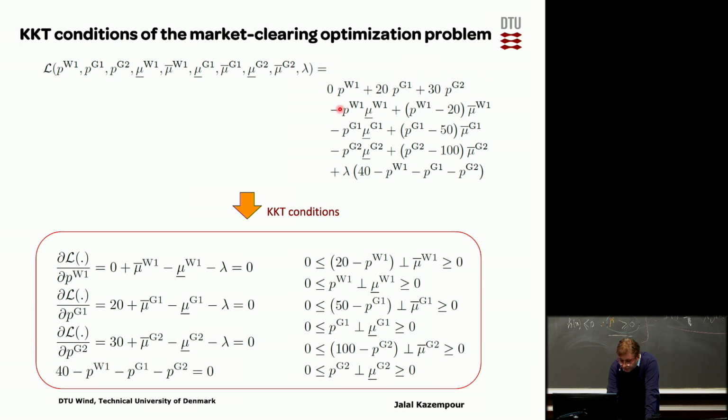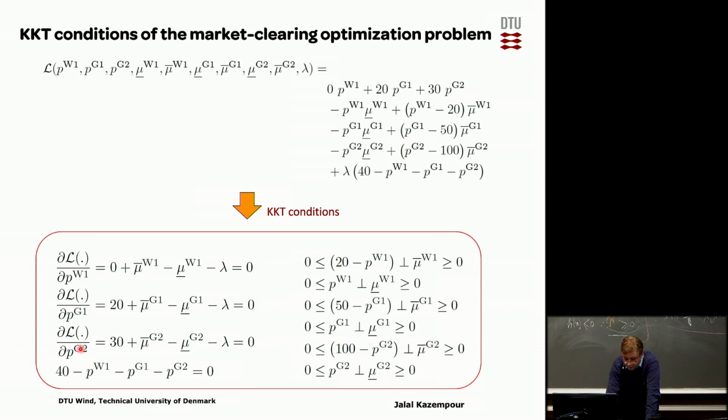Then we have Pw1 here, so the derivative will be minus mu underline. Then we have Pw1 here, the sign is positive, so we are going to have plus mu bar. Then we don't have Pw1 until here, where the sign is negative and it is multiplied by lambda, so it's minus lambda equal to 0. You do the same for the production of G1 and G2. Is it easy? Is it clear? Could you please raise your hand?